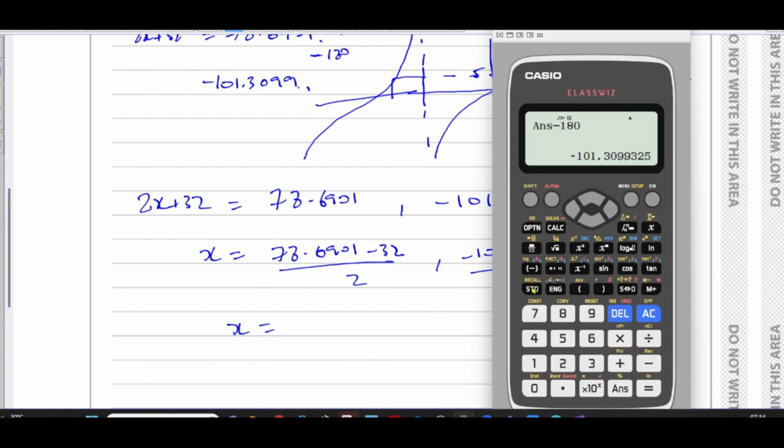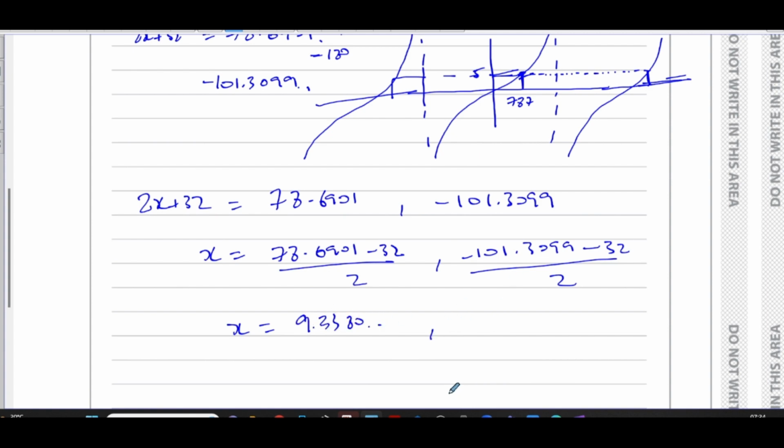Okay, this is my first angle. I'll put answer minus 32 divided by 2. That gives me 9.3380.